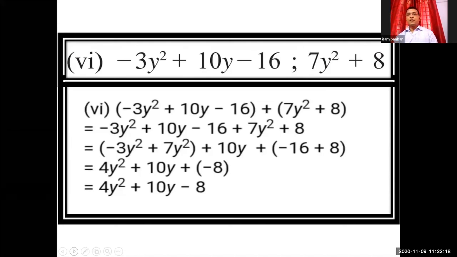Minus 16 plus 8 is minus 8. Now the answer in front of you is 4y square plus 10y minus 8. Understood? Yes, sir. Thank you, beta. Thank you, everybody.